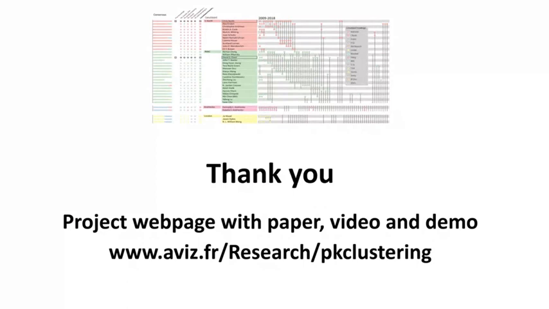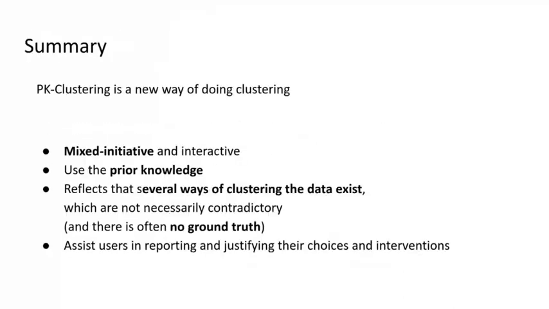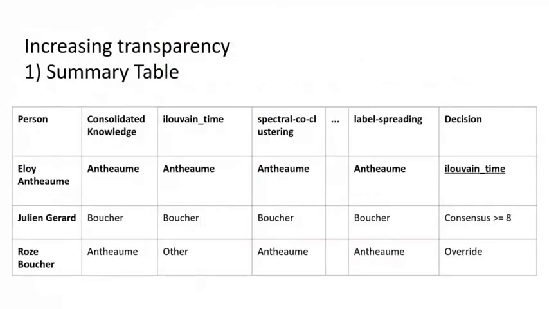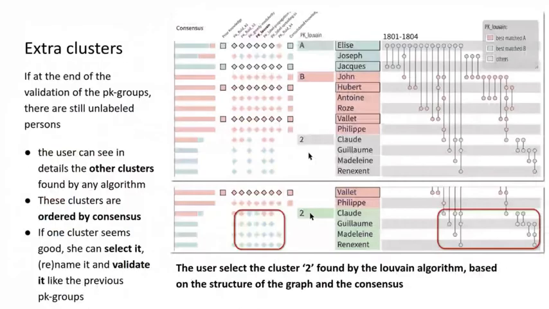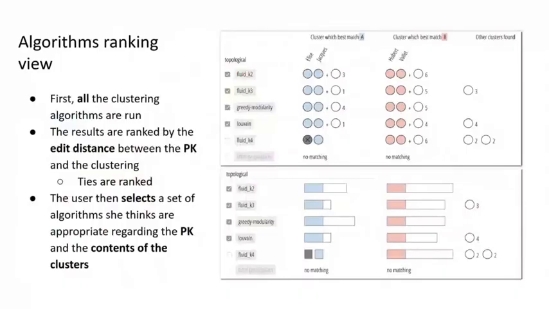Yes, we thought about that. If the user puts in some prior knowledge which is really weird, then usually in the ranking view there won't be many algorithms, or even there will be no algorithms which give a match. This is a signal to the user that there is a high chance that the prior knowledge is clearly wrong.